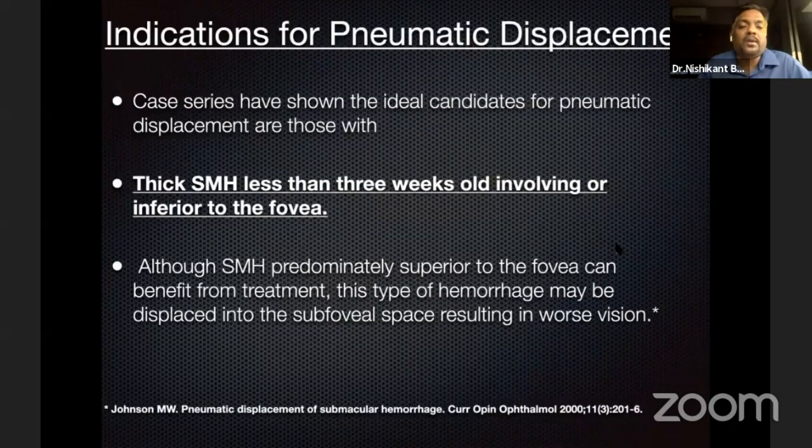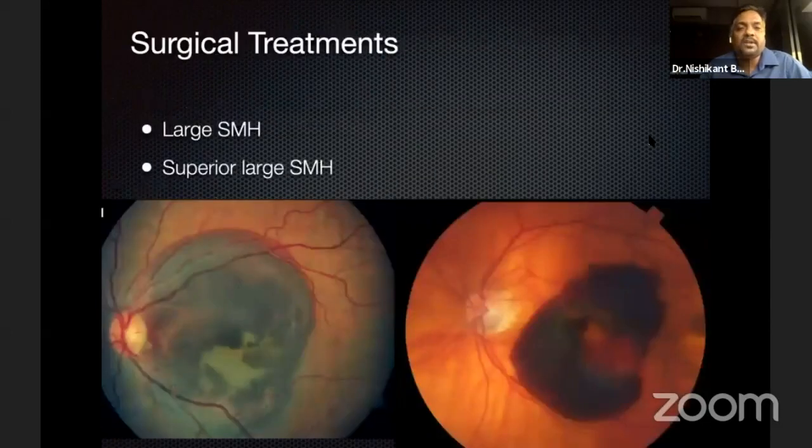Now, if the thick macular hemorrhage is very thick and it is less than 3 weeks old, or it is just involved or just inferior to the fovea, then you can think of a pneumatic displacement, because if the hemorrhage is above the macula, then there are chances that it will get displaced into the macular area further when you're trying to do this particular displacement.